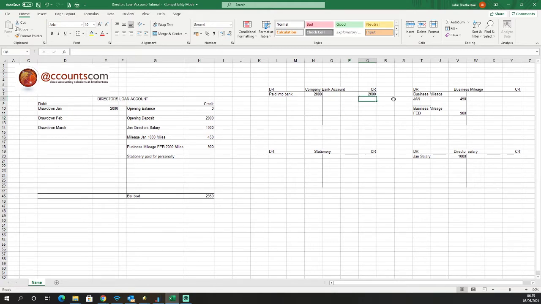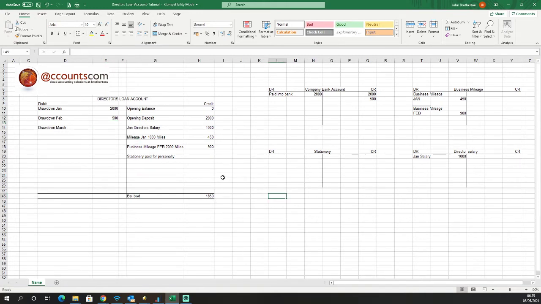So in February we draw down £500 out the bank account, and we can transact that through the director's loan account. So at that point, before we do that transaction, we're owed 2,350. At the point we draw down the £500, we're now owed 1,850. Okay, so it's reduced the amount that we're owed as a director.